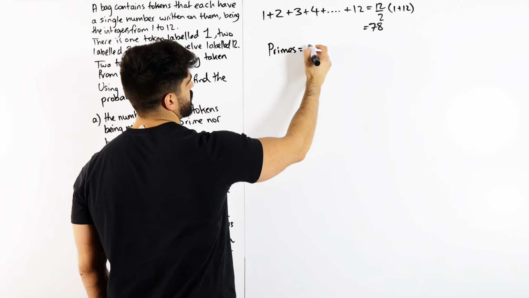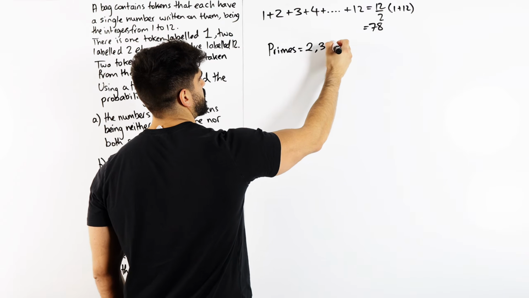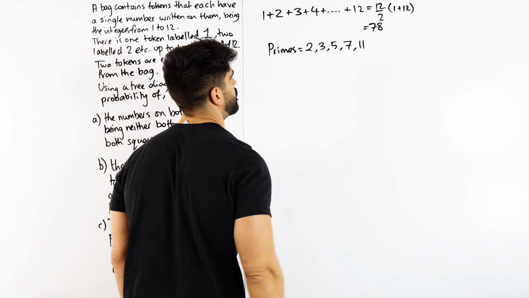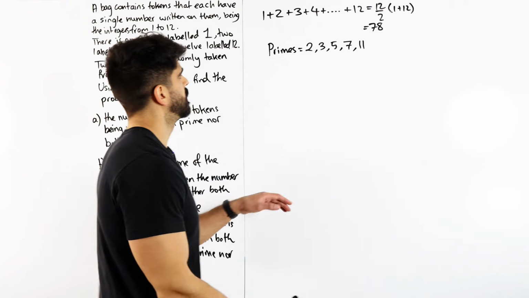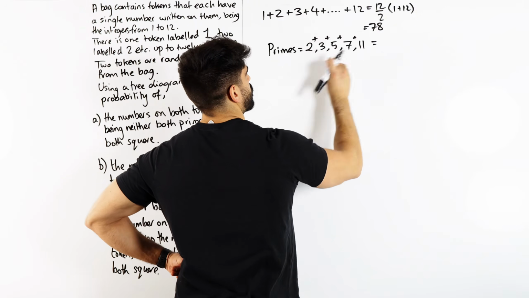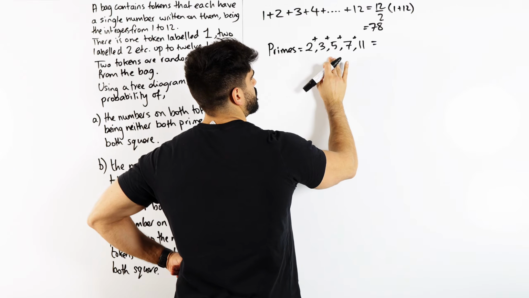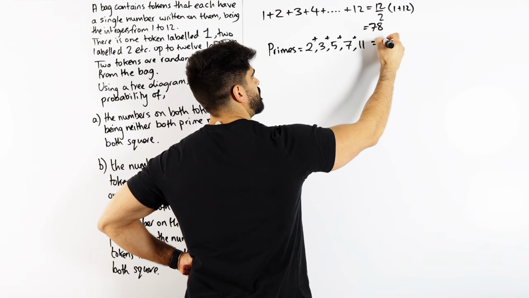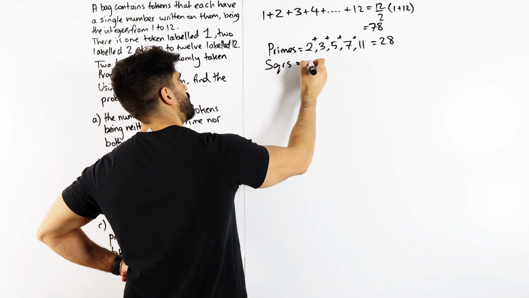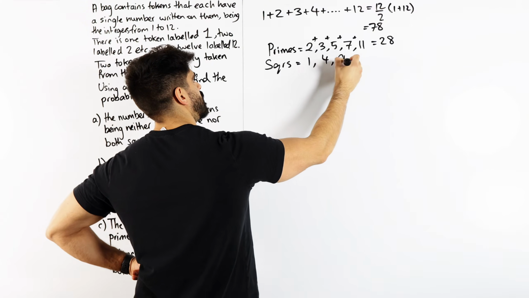So what are our primes? Our primes are 2, 3, 5, 7, and 11. We need to add those up. So adding those up, we have 5, 10, 18, 28. Then for our squares, we have 1, 4, 9.